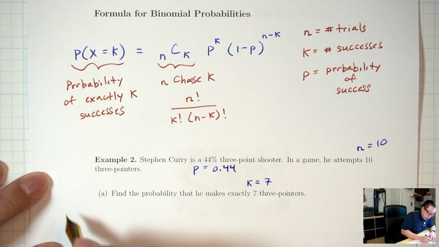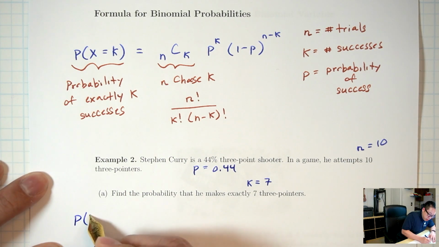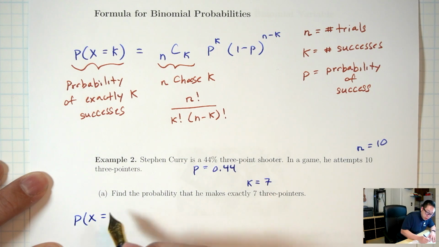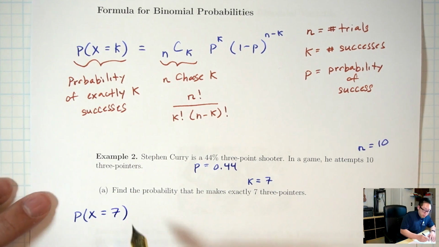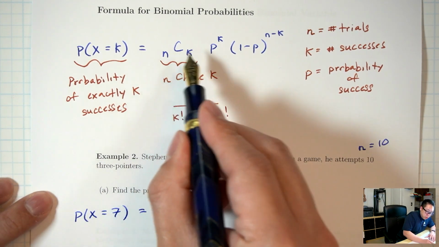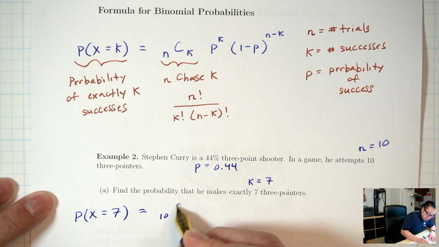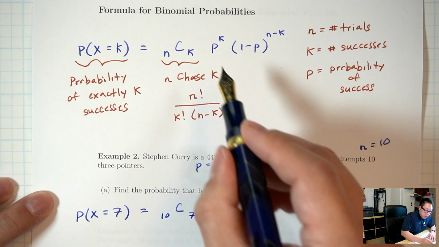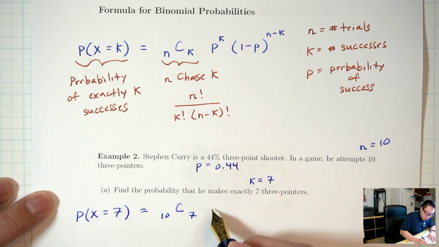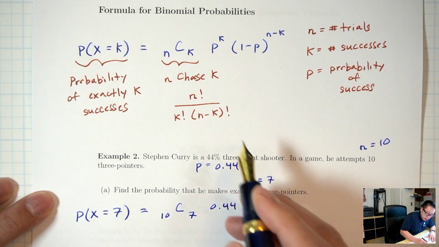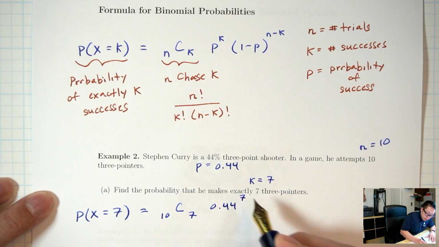Okay. Plug into the formula. So we're looking for the probability of X equals, our k here was 7. n choose k. In our case, it's going to be 10 choose 7. p to the k, 0.44 to the 7.